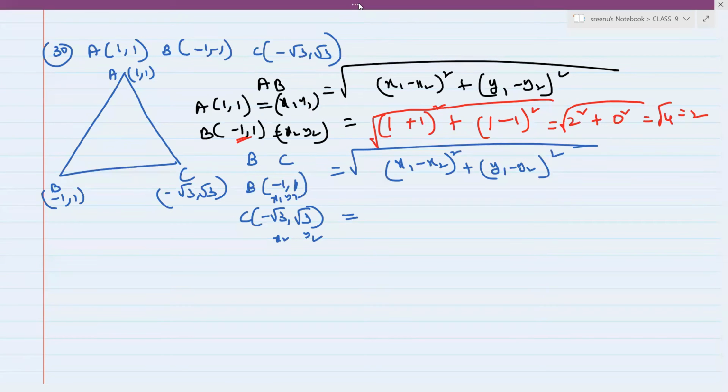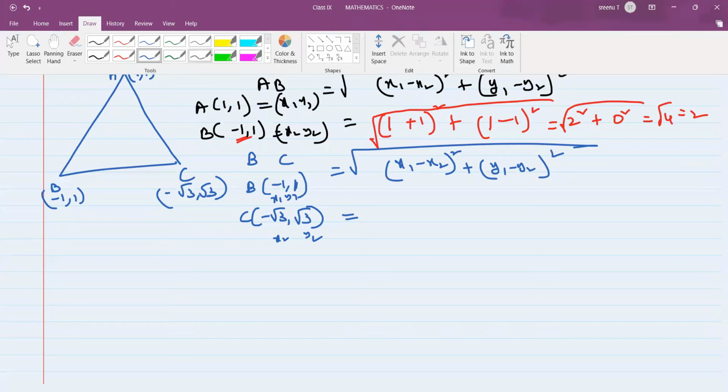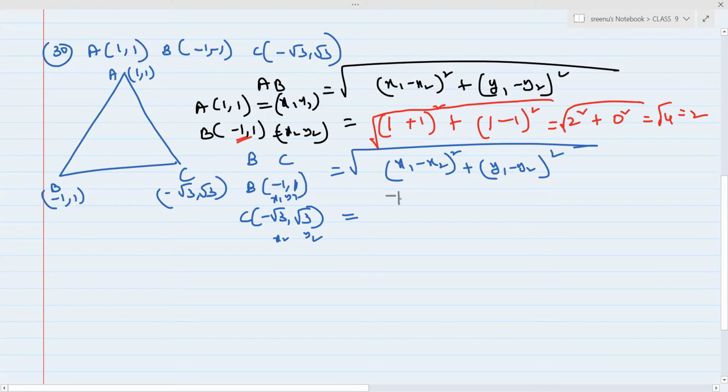What is x1? -1. What is x2? -√3, so -1 minus (-√3) becomes -1 plus √3. y1 is 1, y2 is √3.